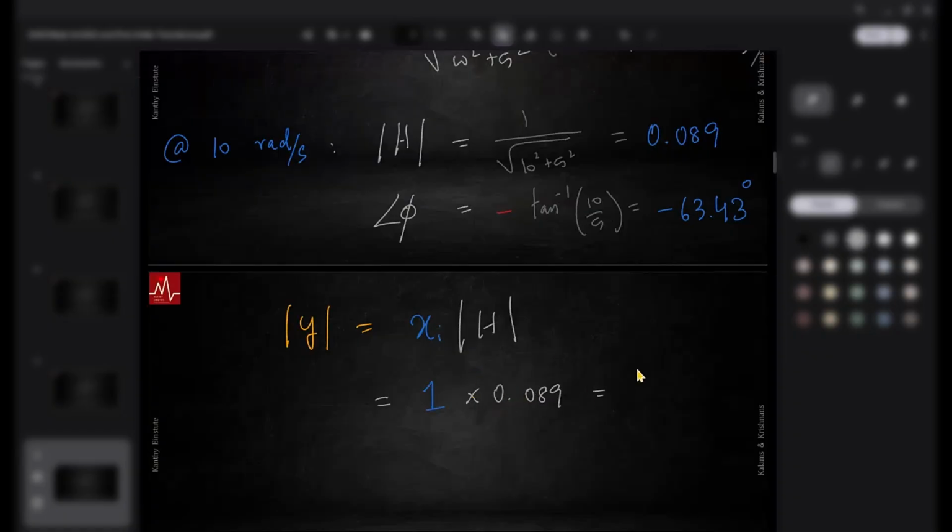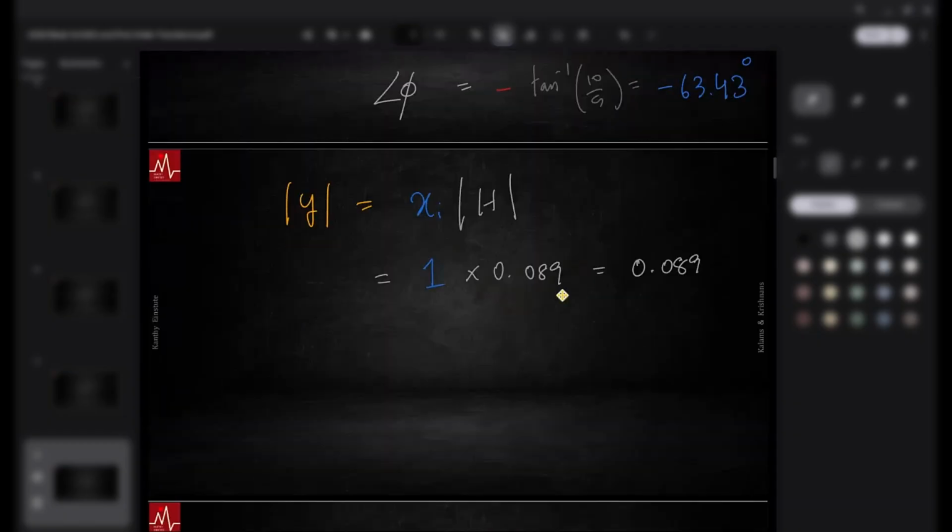So you get an amplitude of 0.089. And what is the angle of y?